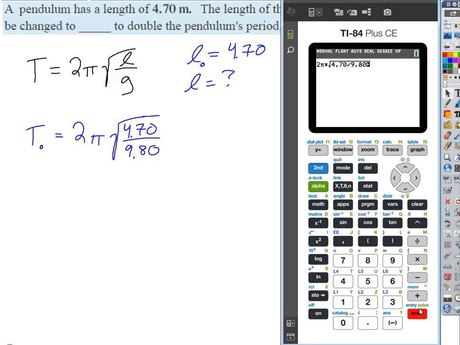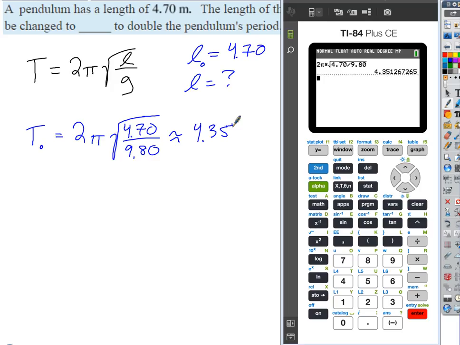So it's roughly equal to, we're going to keep our calculator number in the calculator though, 4.35. What would the units be of that? If it's the period of a pendulum, what's that measuring? Time. It'd be seconds. That's how long it takes to swing through one complete cycle, right?